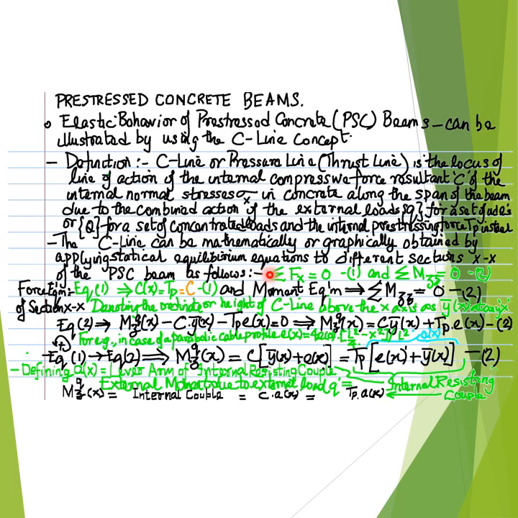Based on the above definition of the C-line or the pressure line, the C-line can be mathematically or graphically obtained for a given prestressed concrete beam by applying statical equilibrium equations at various sections XX of the pre-stressed concrete beam.